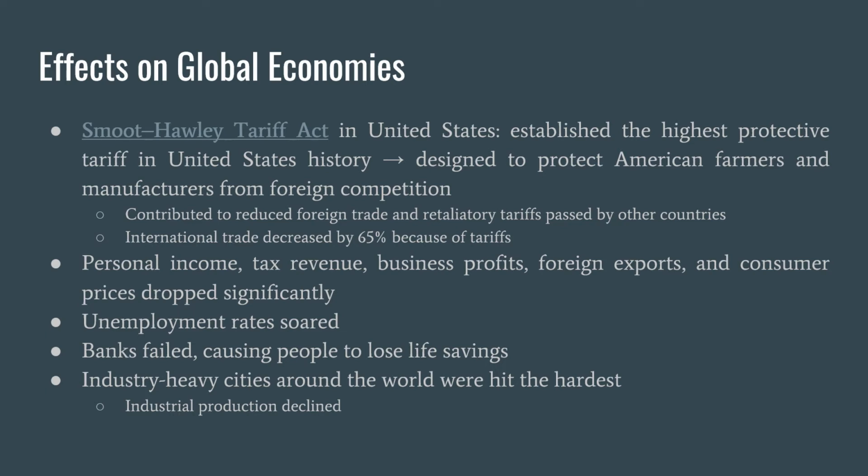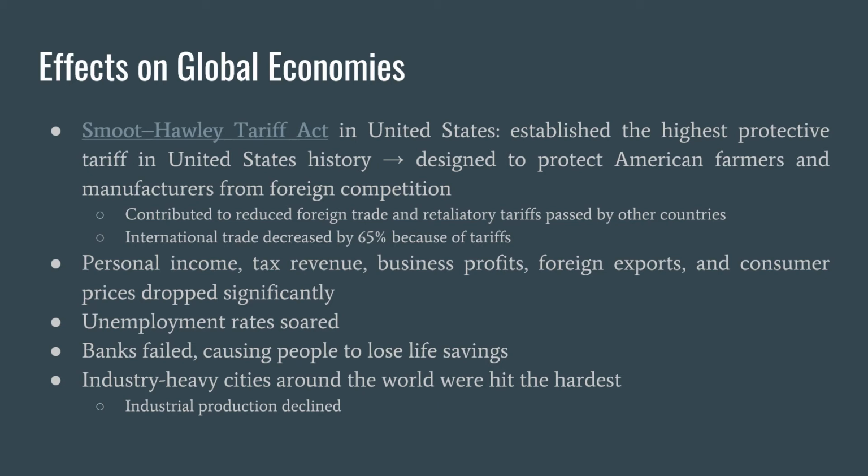So the United States sort of starts trying to recover from the stock market crash by passing a lot of taxes and tariffs that will sort of protect U.S. consumer interests. So the Smoot-Hawley Tariff Act established the highest protective tariff in United States history, and it was designed to protect American farmers and manufacturers from foreign competition.